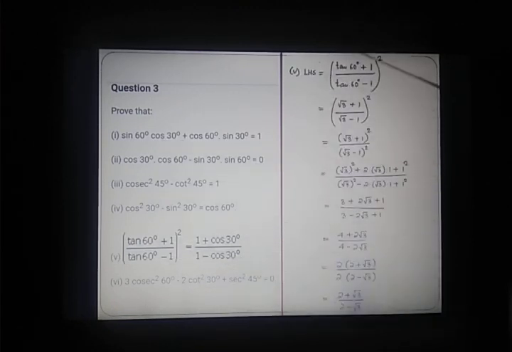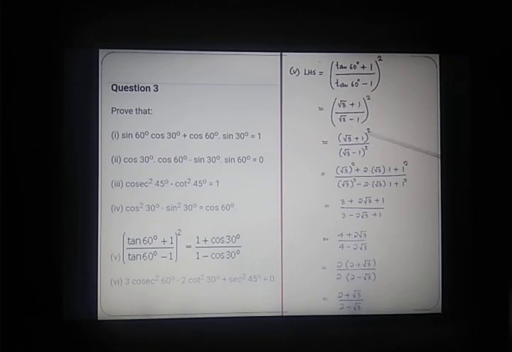First I have written down the solution and I'll explain it line by line. I have taken the left hand side, so I have written left hand side, and we know that tan 60 degrees is root 3. Similarly I have written root 3. Now this can be written as this square by this square, because the square is for both numerator and denominator.